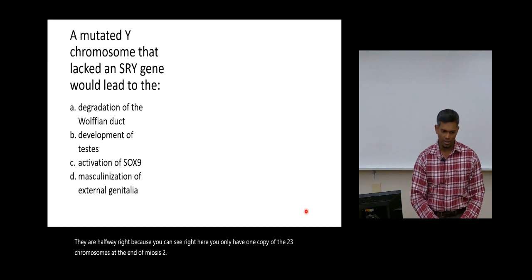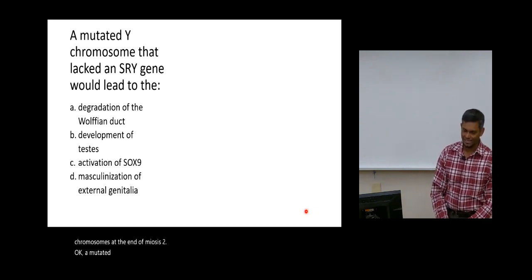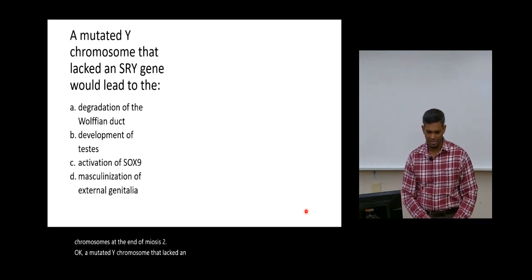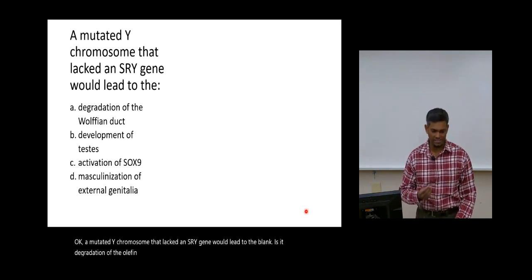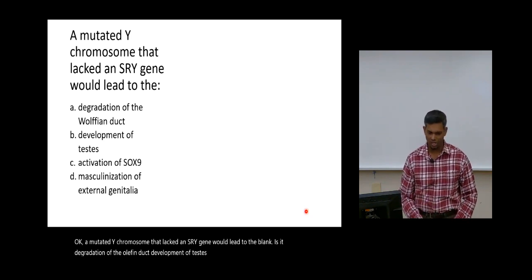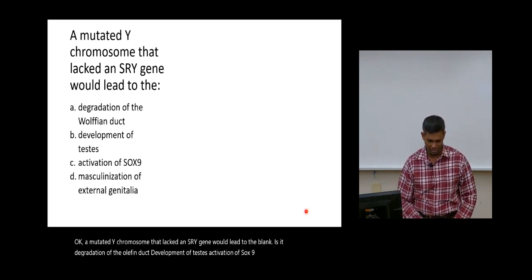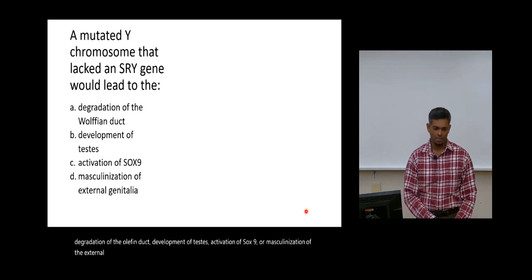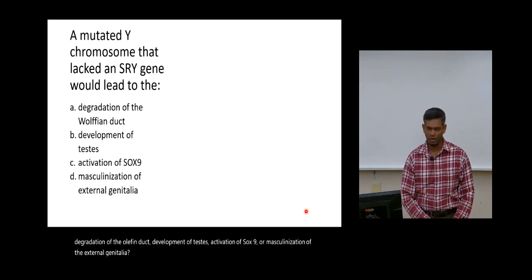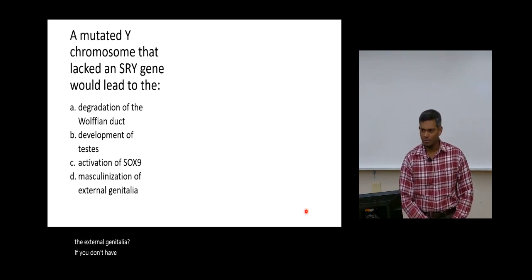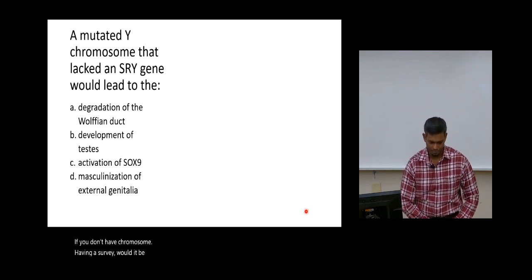Okay, a mutated Y chromosome that lacked an SRY gene would lead to the blank. Is it degradation of the Wolffian duct, development of testes, activation of SOX9, or masculinization of the external genitalia? If you don't have the Y chromosome having SRY, would it be A, B, C, or D?